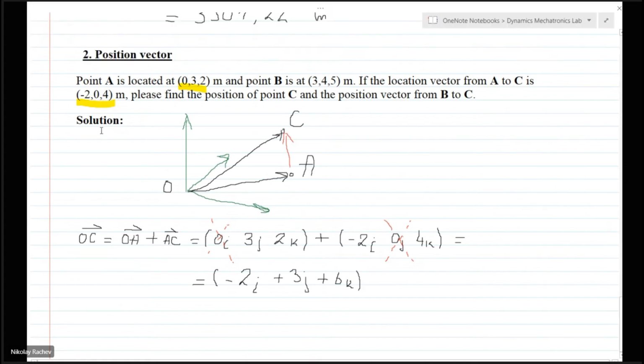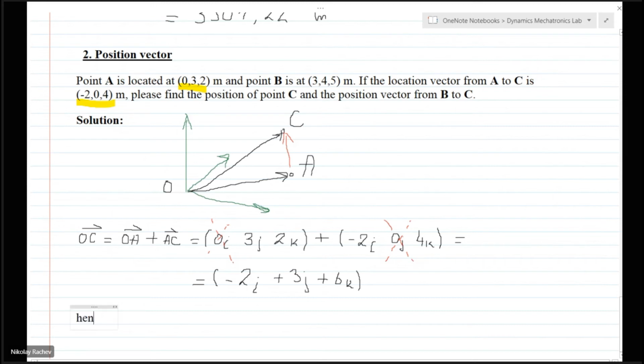What is the meaning of that? Actually, we found OC. That is, we found the position of point C related to the same coordinate system to which A and B are related, because we apply the same rule. Well, we can write the following.